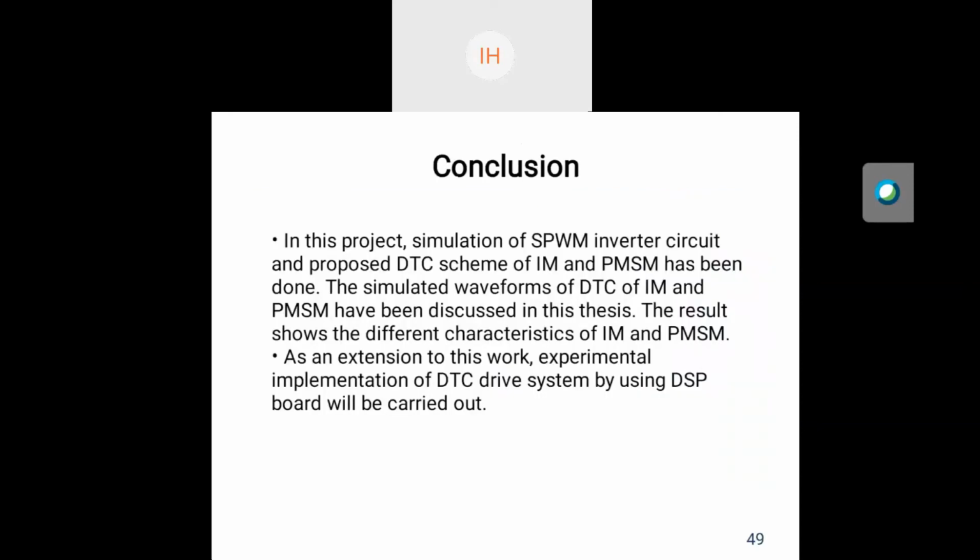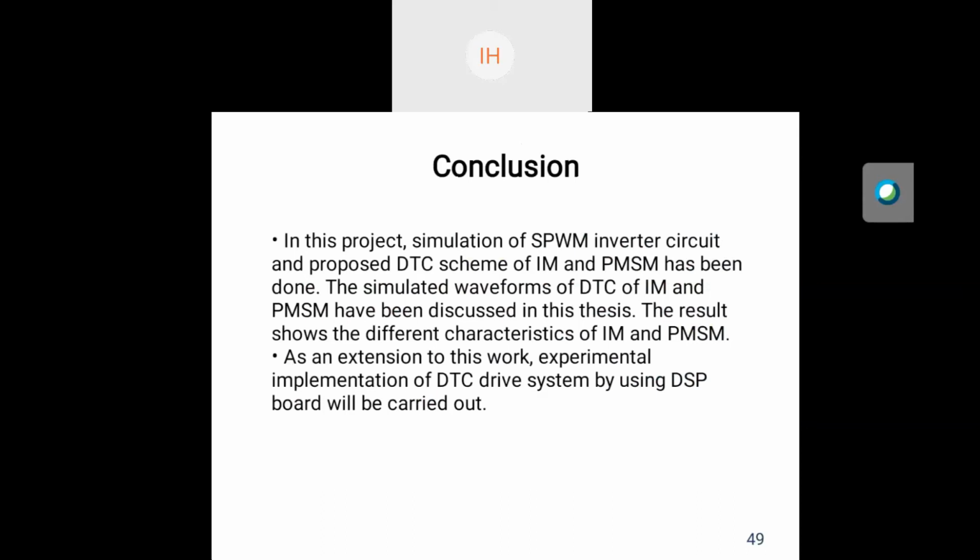So till date we have simulated the SPWM inverter circuit with the induction motor, and DTC of the induction motor. We have also simulated the PMSM, but due to some error we are not able to show the result.